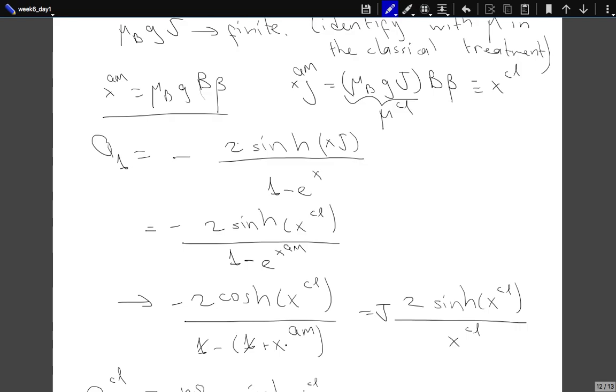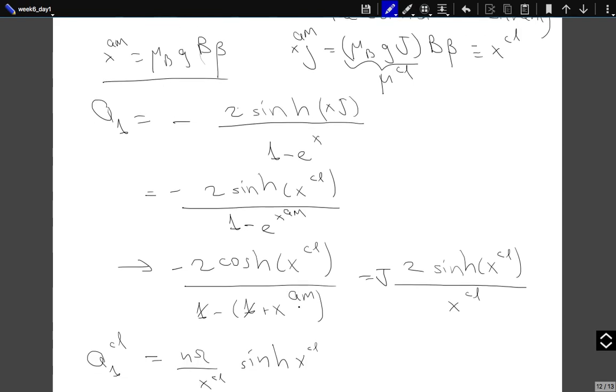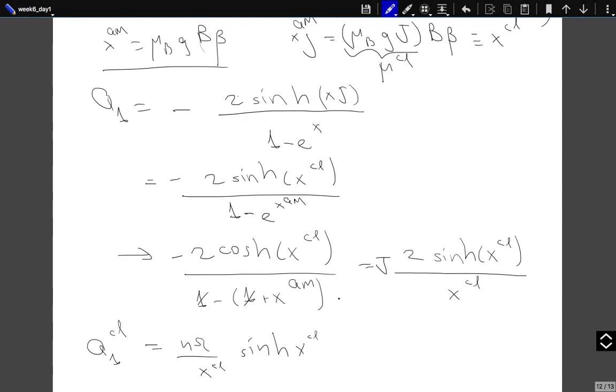If I make the expansion, I recover this expression. Exactly the same expression, where X is just the quantum mechanical X multiplied by J. So I do recover the classical limit also in that limit.